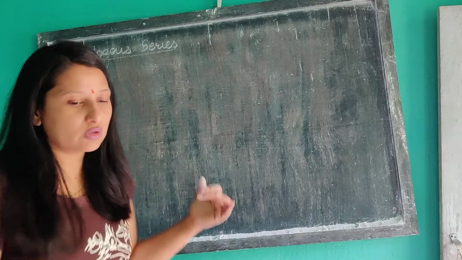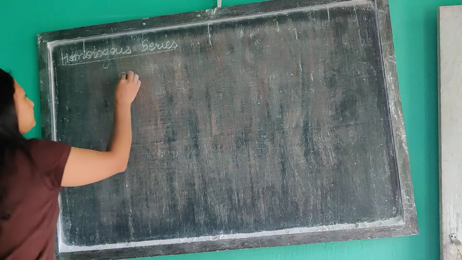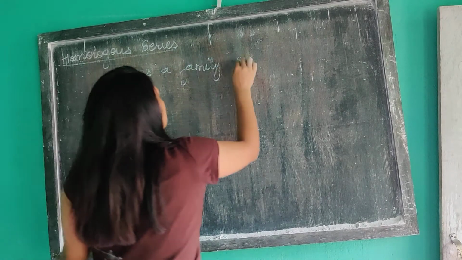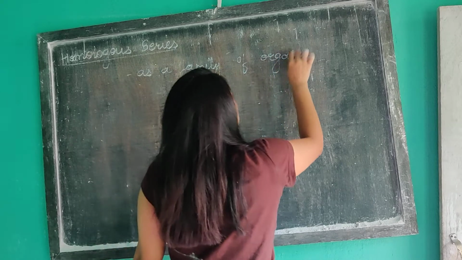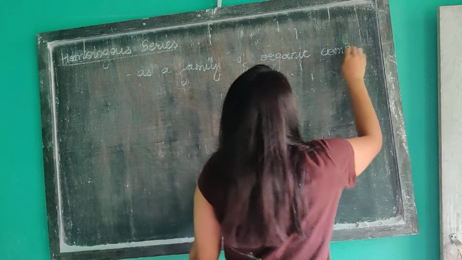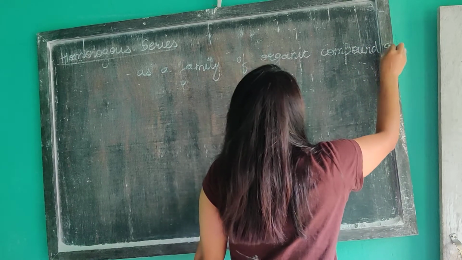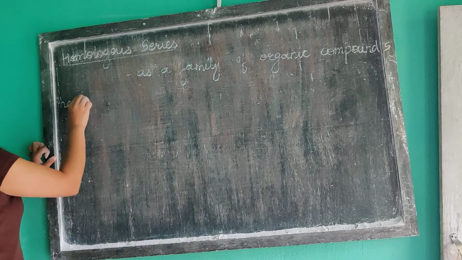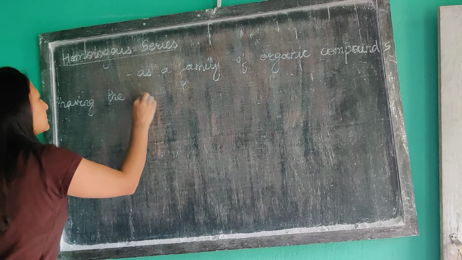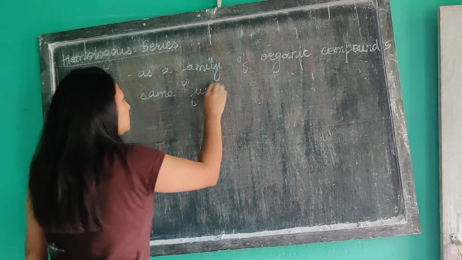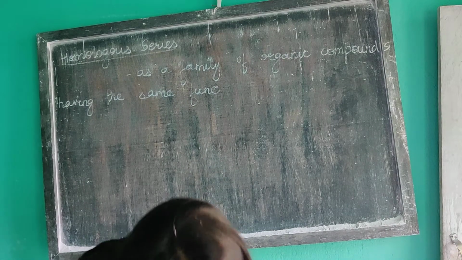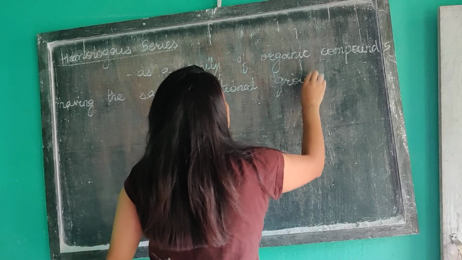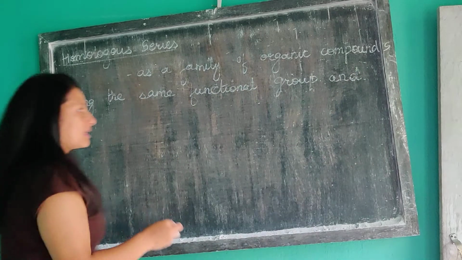Okay, so the homologous series can be defined as a family of organic compounds having the same functional group, and when they have the same functional group, they have the same chemical properties.